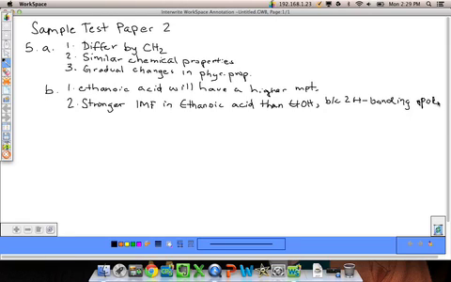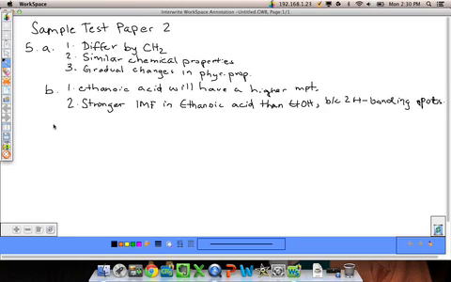And again, that's the intermolecular forces, so we have an attraction between all of the ethanoic acids because there's a strong force between the oxygen and the hydrogen within the molecule, so the intramolecular bond.